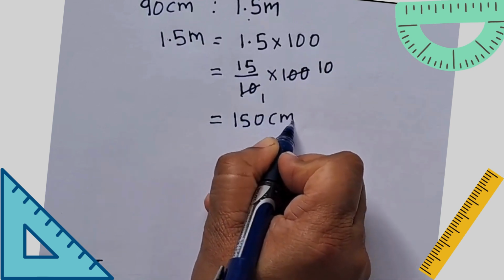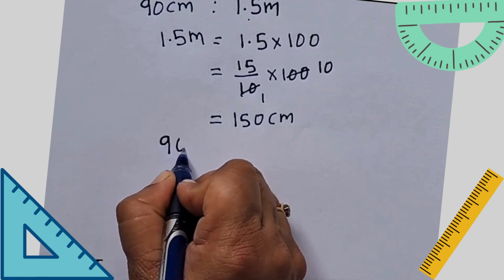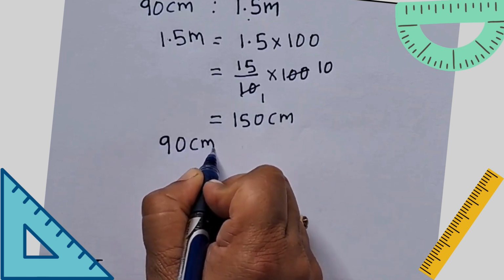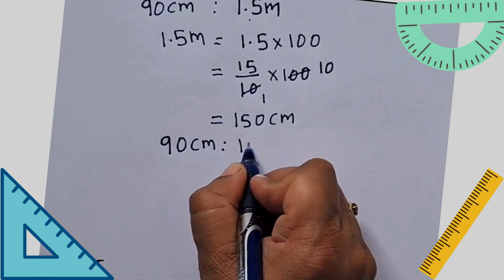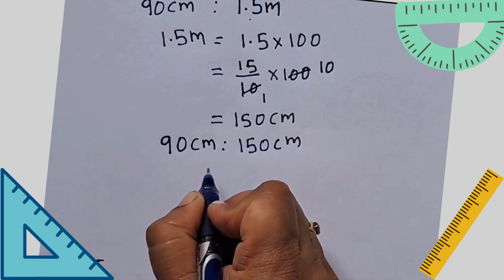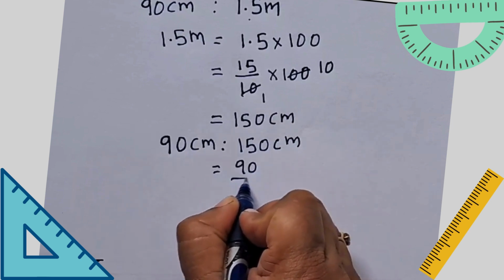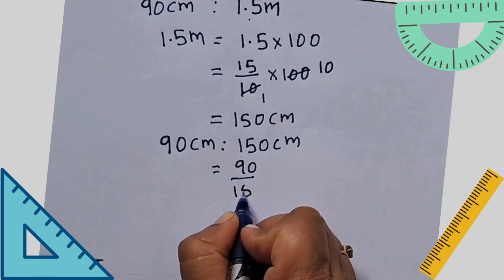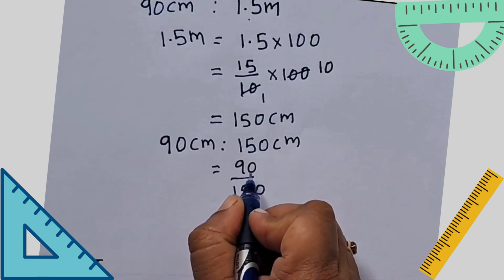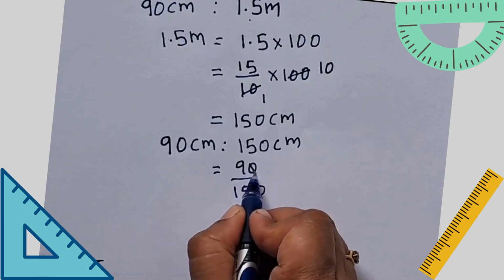Now we have both the quantities in same units. 90 centimeters is to 150 centimeters. Now this ratio can also be expressed in the form of fractions, 90 divided by 150. Now let's simplify this ratio. You can cancel 0, 0.